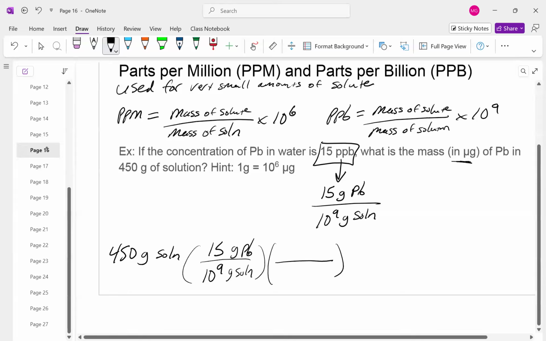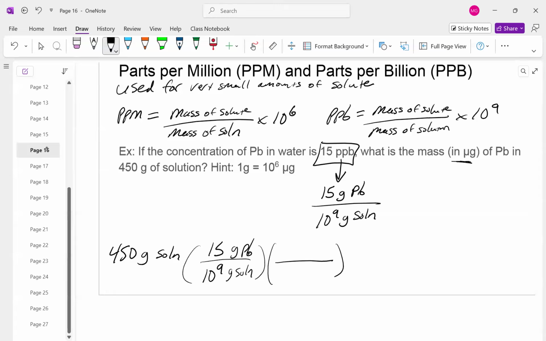This isn't a conversion factor I wanted you to memorize, so it's given to you in the problem. But I want grams to cancel out, and that will leave me with micrograms up top. So grams of solution cancel, grams of lead cancel, and I'm left with micrograms of lead, and that comes out to 6.8 micrograms of lead.